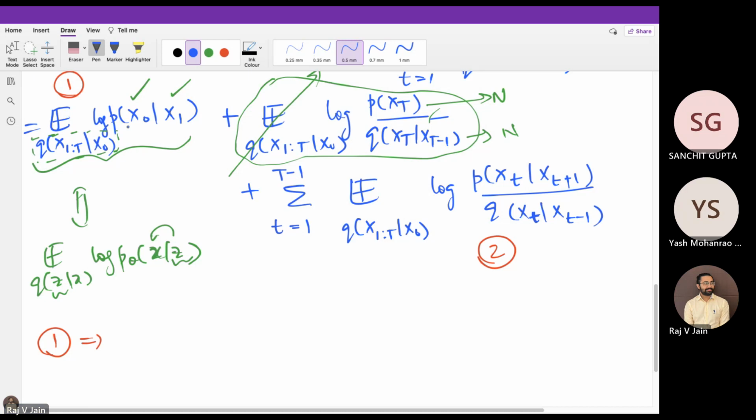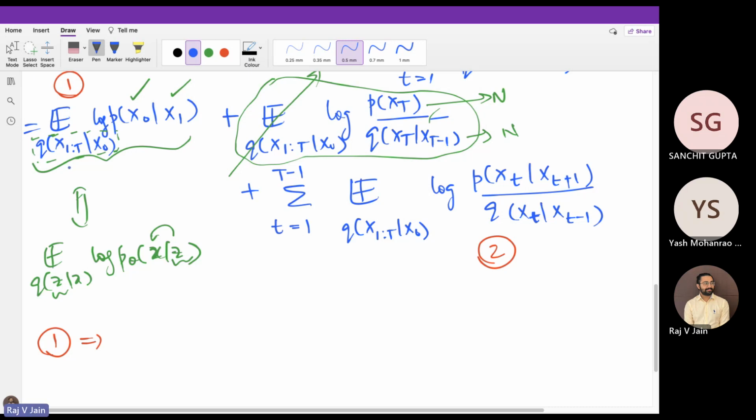X0 and X1. So intuitively, X1 will only affect this. Mathematically, how will we show it?